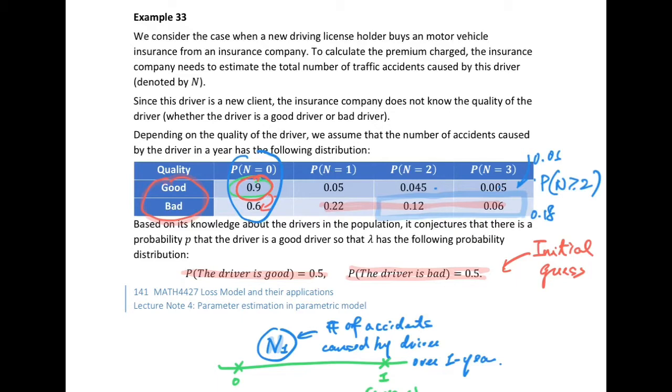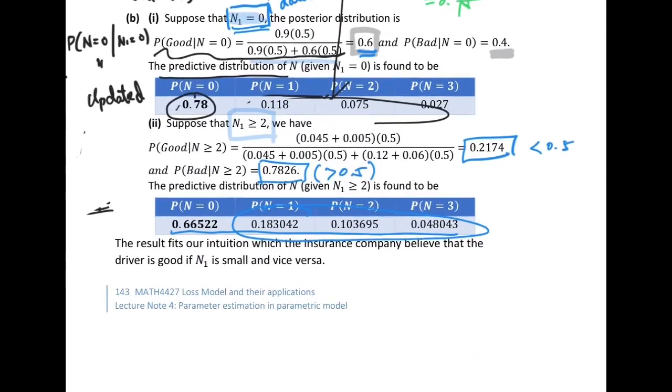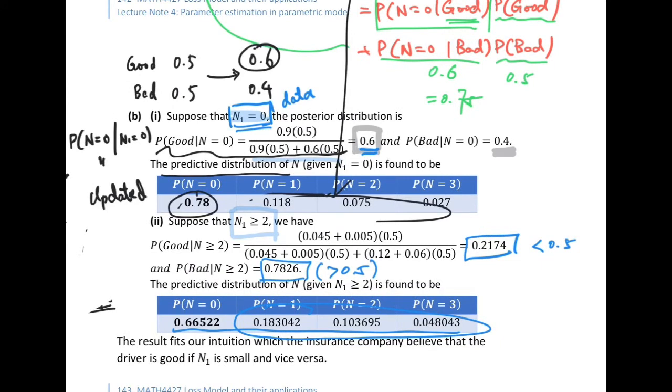Because of this, the insurance company will still have some tendency to believe that this driver may be a bad driver, but just because of luck, he caused no accident. So that's why you have this result.